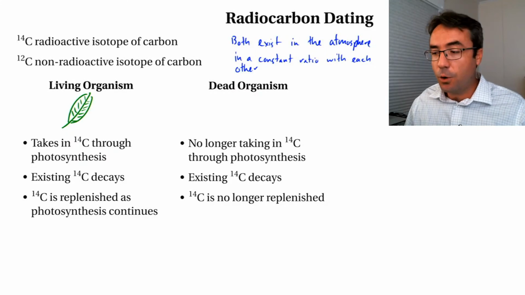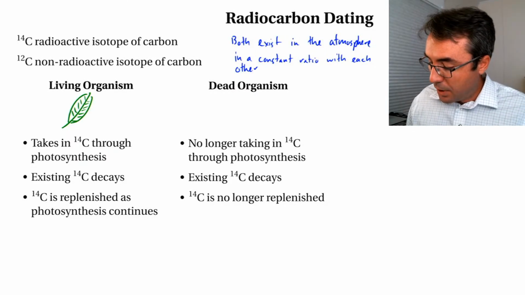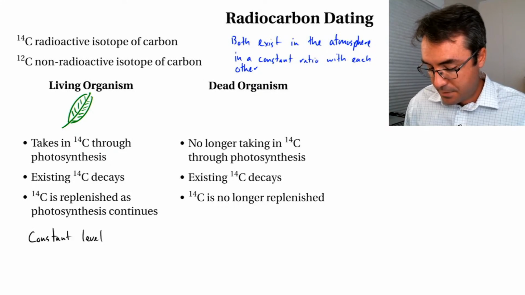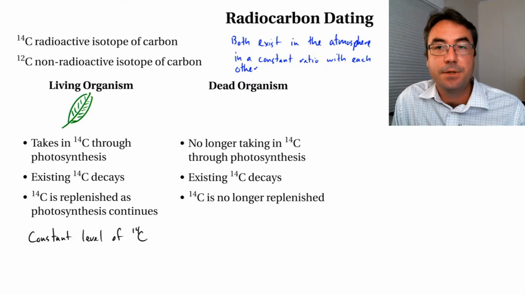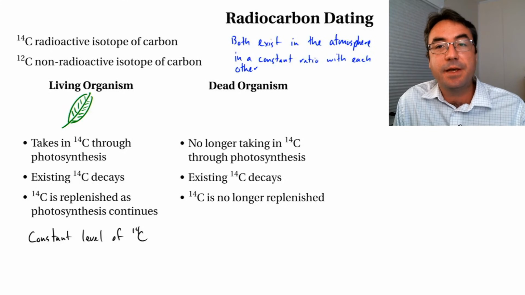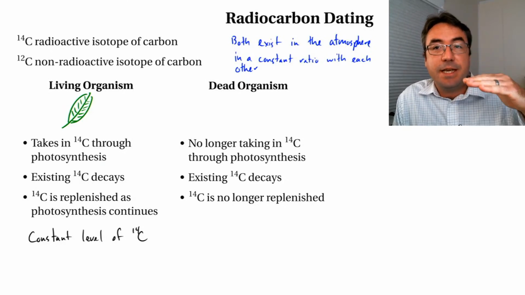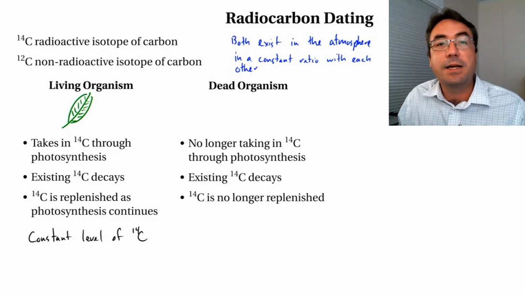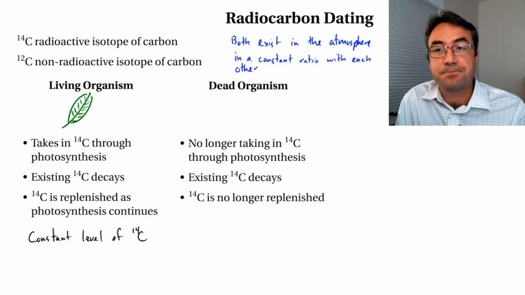And so what happens over time is that this plant has a constant level of carbon-14. So this plant material, while it's living, has a constant level of carbon-14 in it. The carbon-14 is decaying, but then new carbon-14 comes in from the process of photosynthesis.